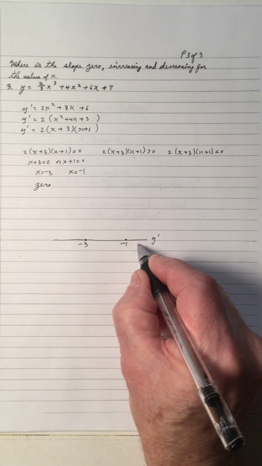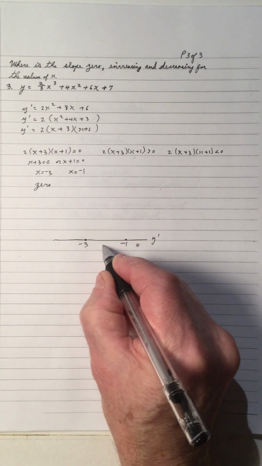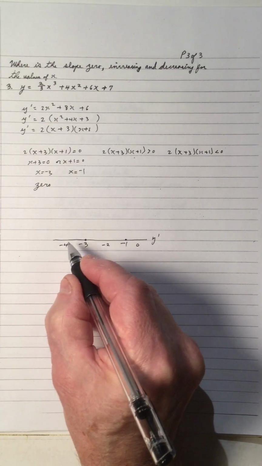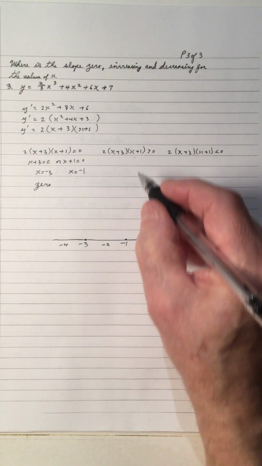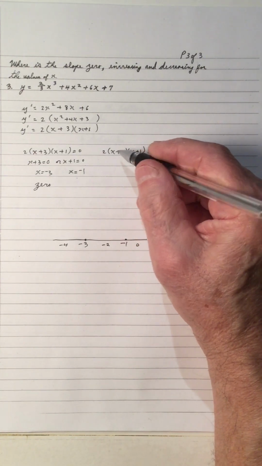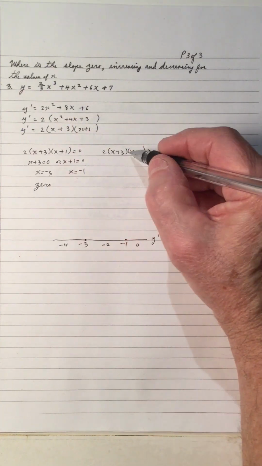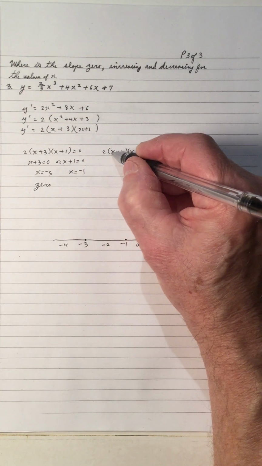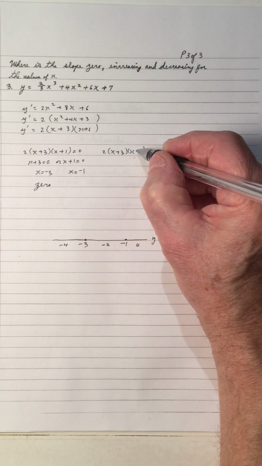So let's take greater than. Let's put a 0 here. -2 is in between, and to the left is -4. So what happens? We take a 0 and we put a 0 in this expression. I'm putting it in here instead of here because it's easier to work out. So a 0 here is plus, 0 here is a +3, plus, and that's a plus.